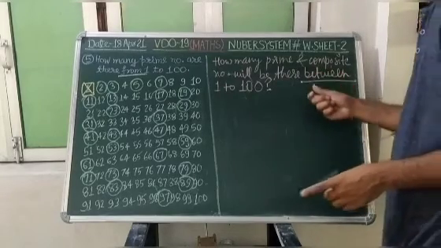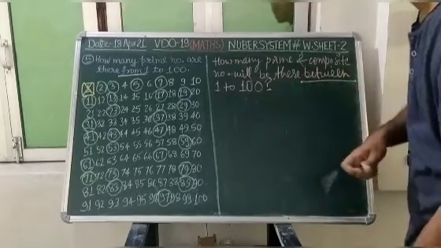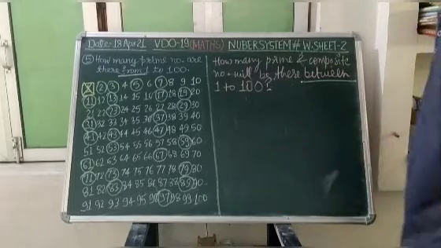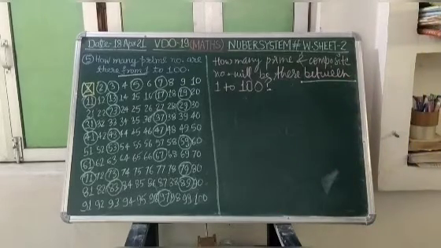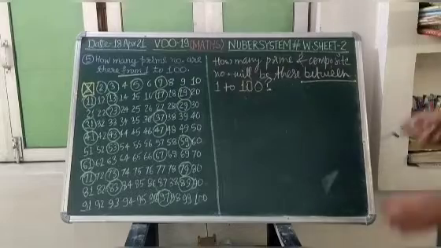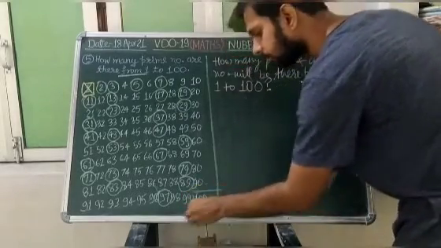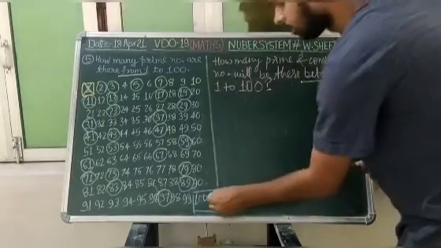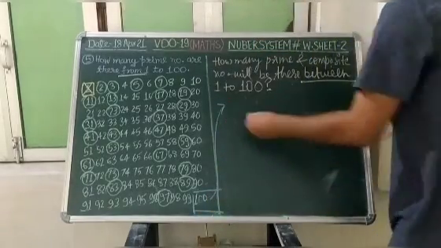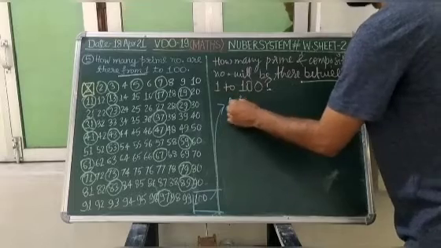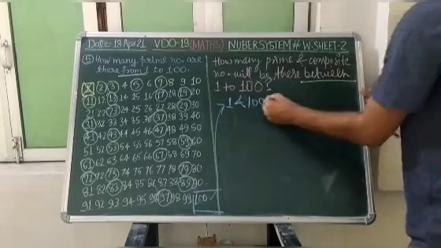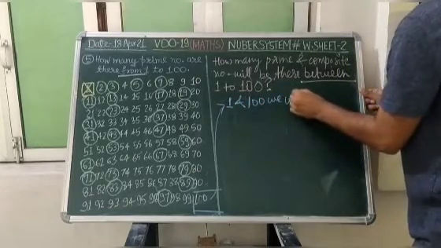Between means 1 से 100 के बीच में. So in that we will not select 1 and 100.